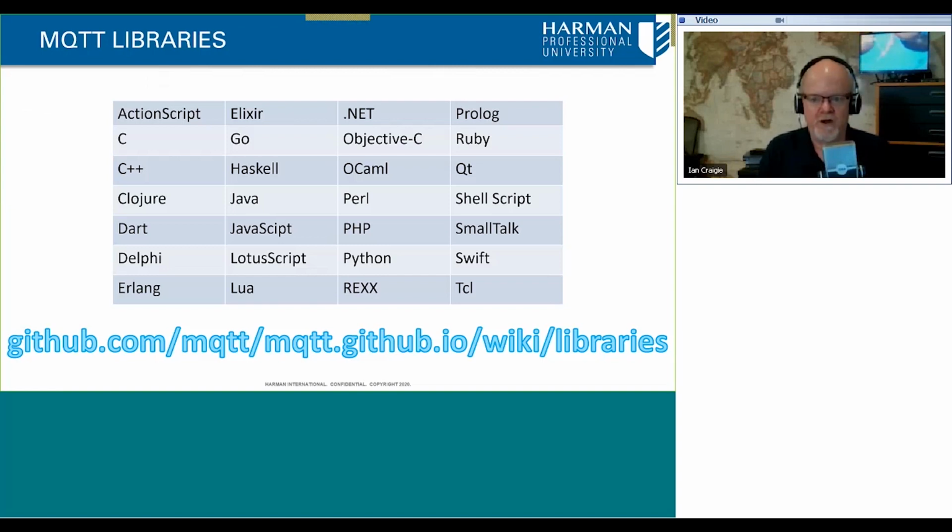I'm pretty sure that within this listing there is an open source library for all of the audio video control platforms that most of us are used to and make use of in our day-to-day jobs. Of most interest to us here at Harman Professional is the fact that for both of our AVL control platforms, with the languages that they support, there are open source libraries for both Java and JavaScript, which is kind of handy.